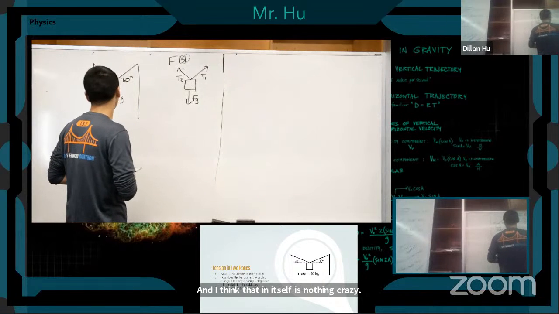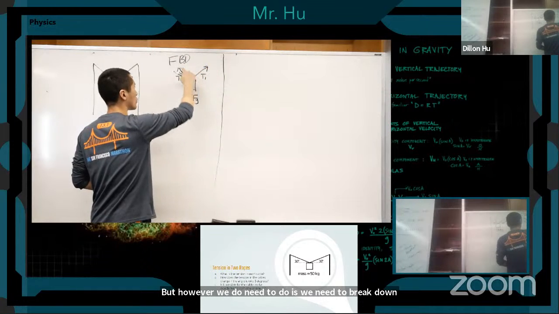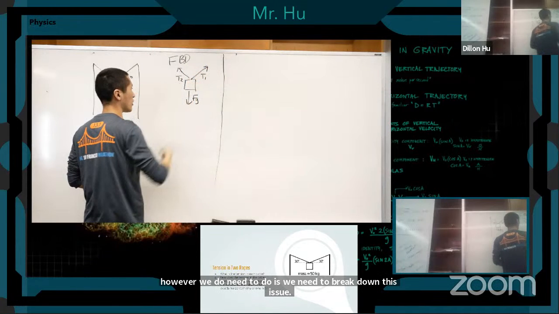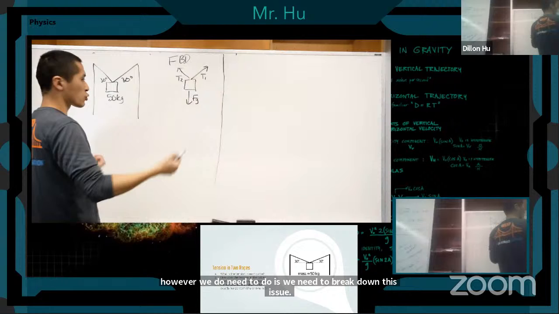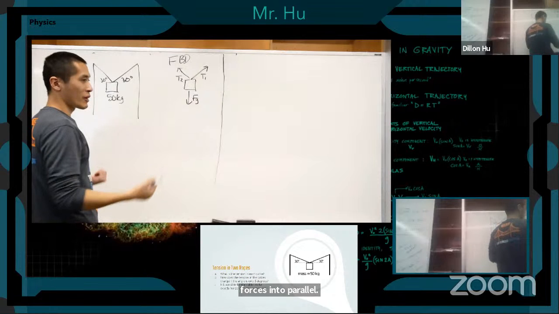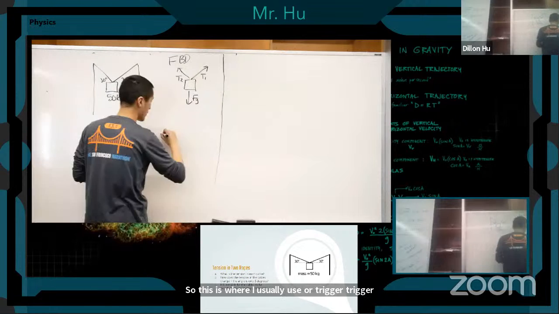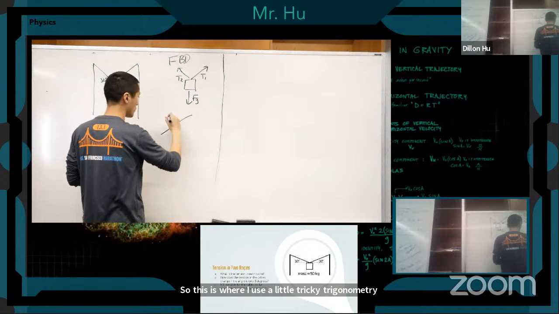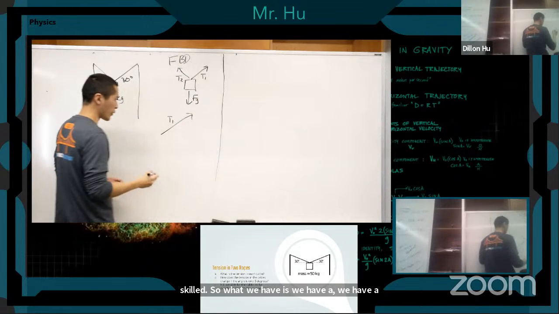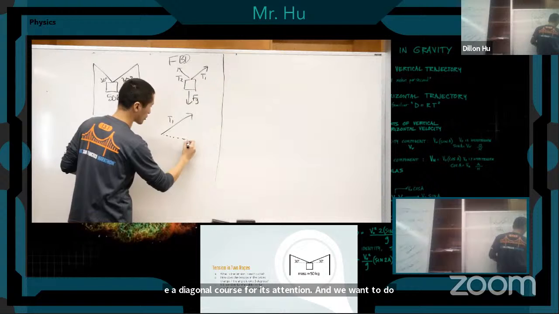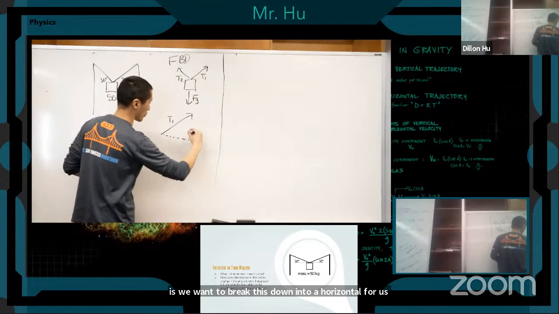However, what we do need to do is break down these two diagonal forces into parallel and perpendicular components. This is where we're going to use our trigonometry skills. We have a diagonal force of tension, and we want to break this down into a horizontal force and a vertical force.